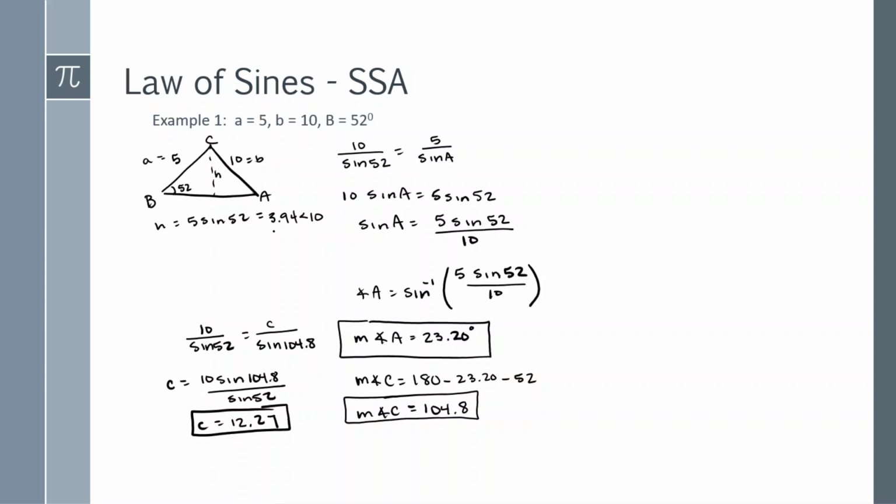And so in this case, our height is less than the opposite, and the adjacent is also less than the opposite. But the adjacent is bigger than the height as well. So they're both bigger than the height.